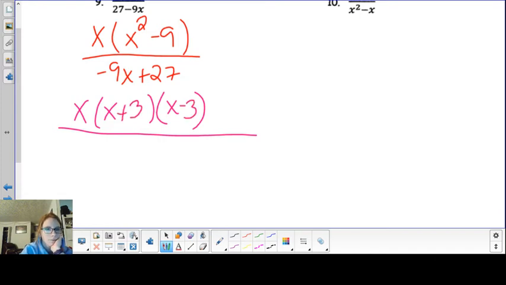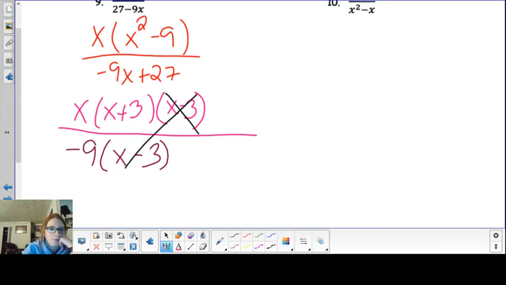On the denominator now, what can come out between a negative 9 and a 27? A negative 9, which gives me x minus 3. Ooh, cancels. So I'm left with x times x plus 3 divided by negative 9.